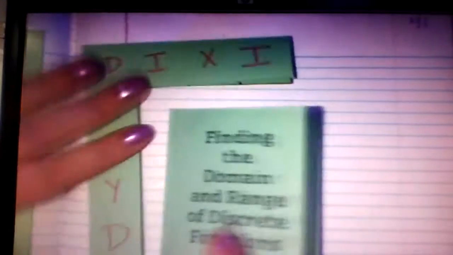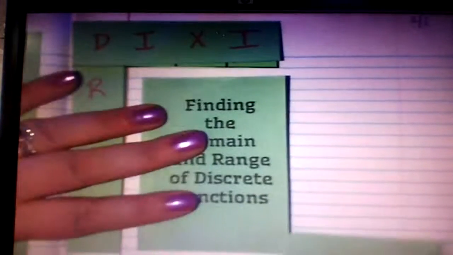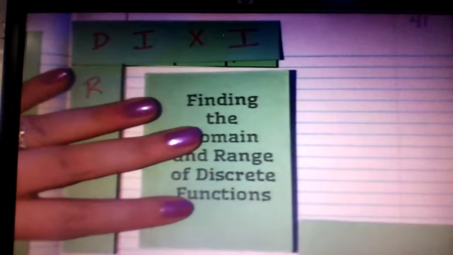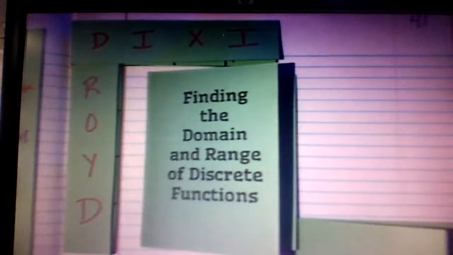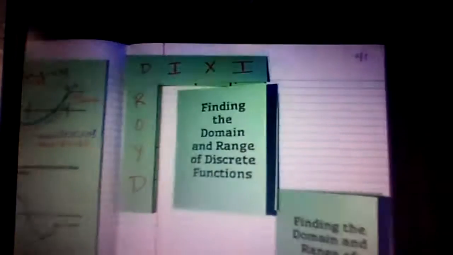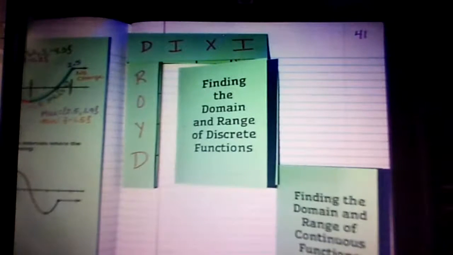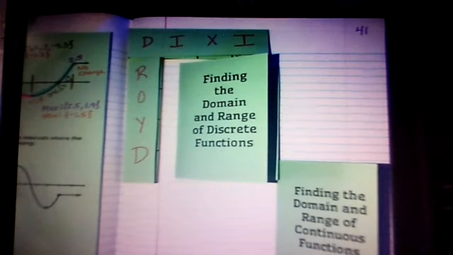All right, so let me show you what page 41 is going to look like, because that's our next page to glue in. Okay, page 41 is going to house your 2 booklets and your Dixie Roid.